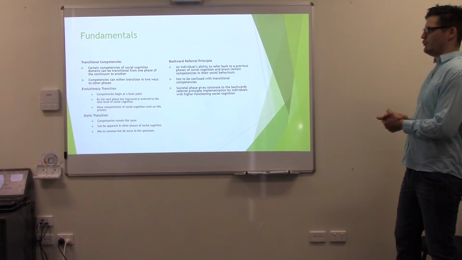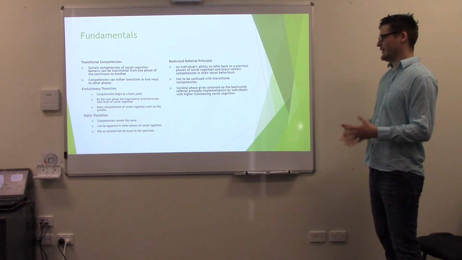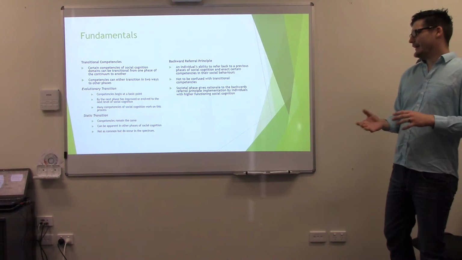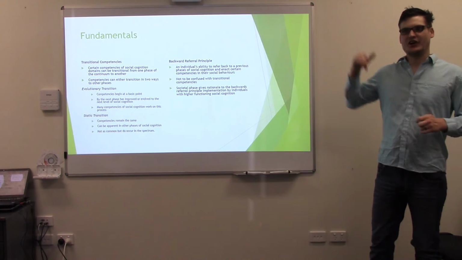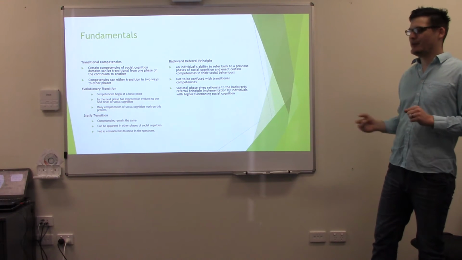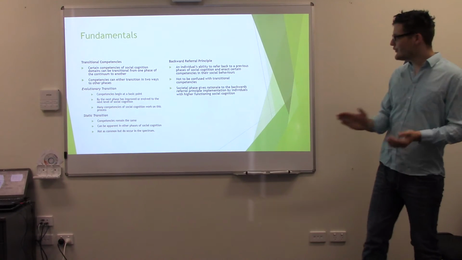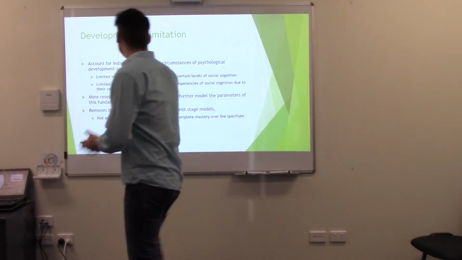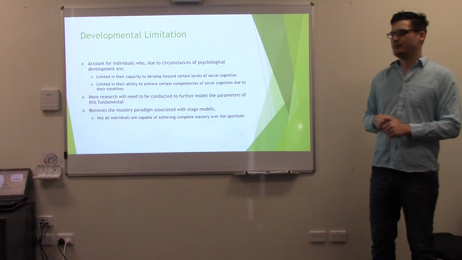And the very last phase, which we refer to as the societal phase, gives rationale to this principle in that individuals are able to function at much higher social cognitive levels, but also enact on their competencies from previous levels. And we've got one more, and that's developmental limitation. Throughout the research process, this is something that was picked up a lot.